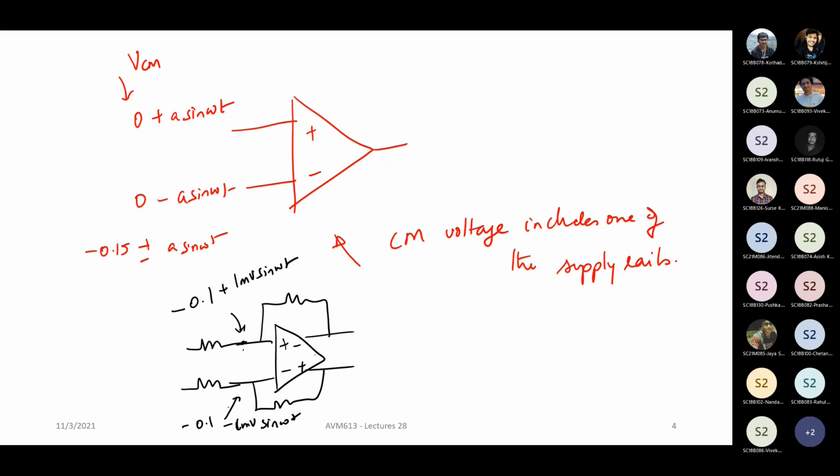This op amp will still work. You understood? Yes, sir. The input common mode voltage is basically the DC voltage. In other words, input common mode voltage means the bias voltage that is going into the input, right?